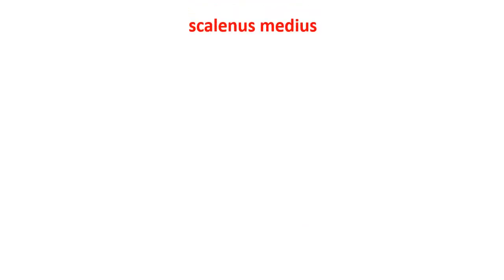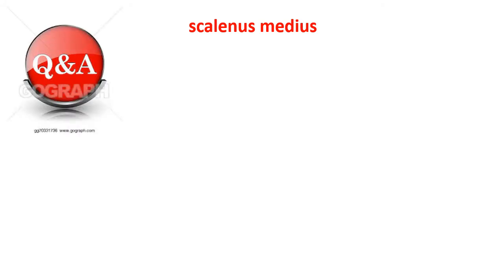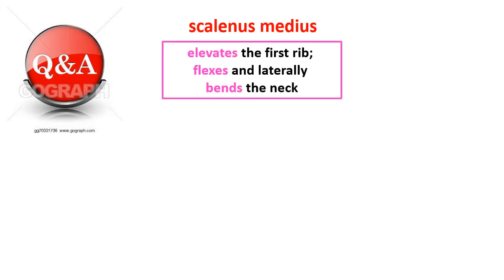Now it's the turn of some facts about scalenus medius. Ask questions and try to answer them. What does it do? It elevates the first rib and laterally flexes the neck.